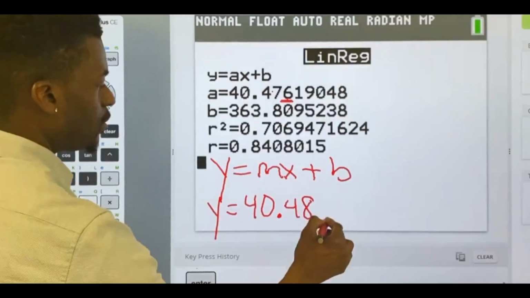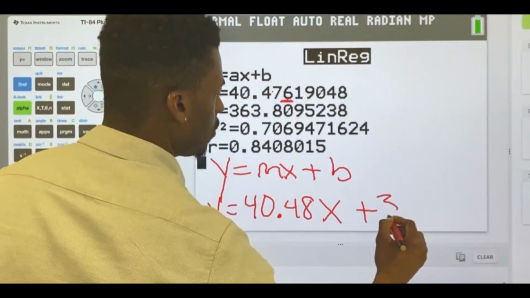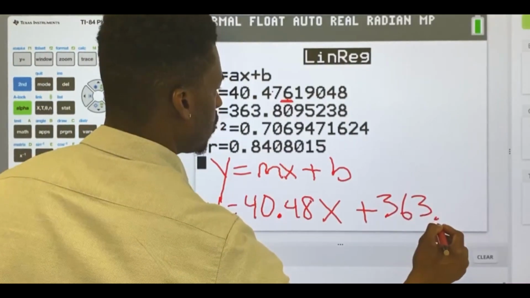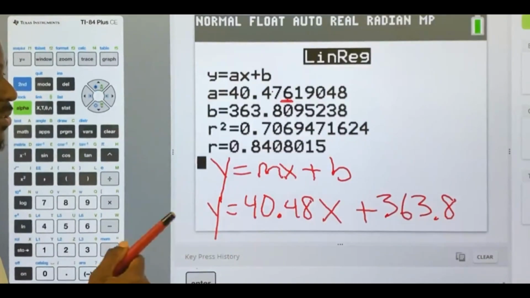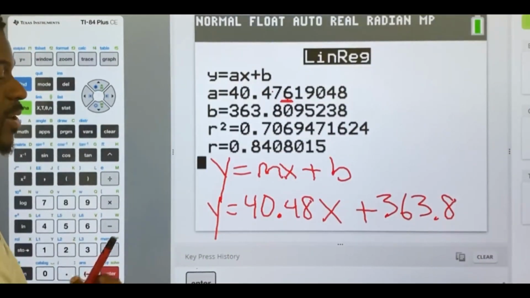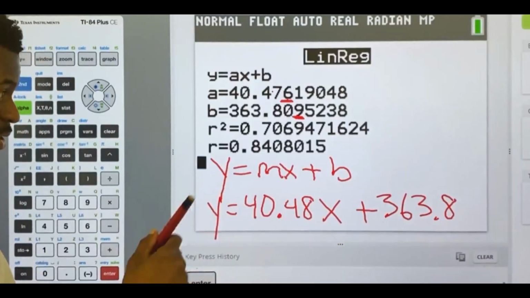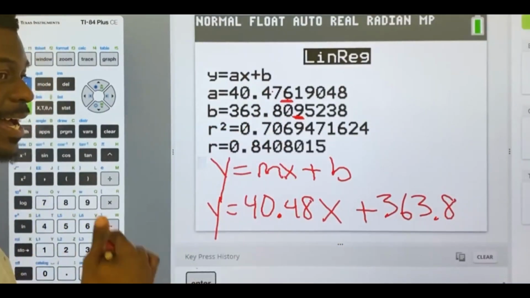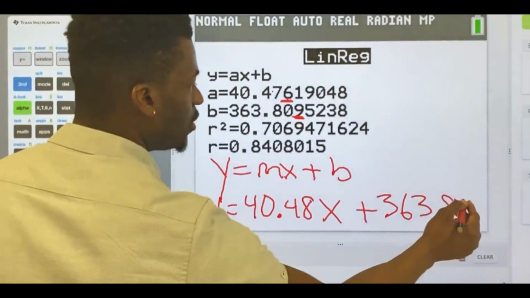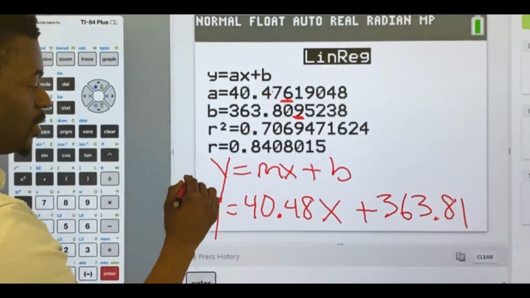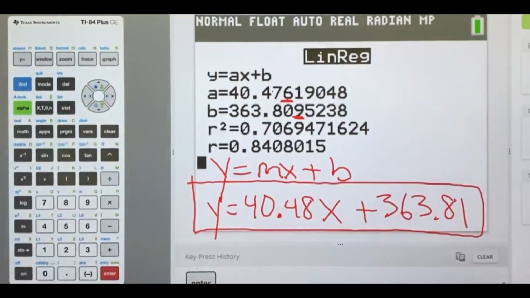X plus 363.80. Actually 0.81. Right. Because they want us to round to the nearest 100. So this number, like you just said, that 9 is higher than 5. So we bring the previous number in front of it up. All right. That becomes 81. All right. That's the linear regression equation.